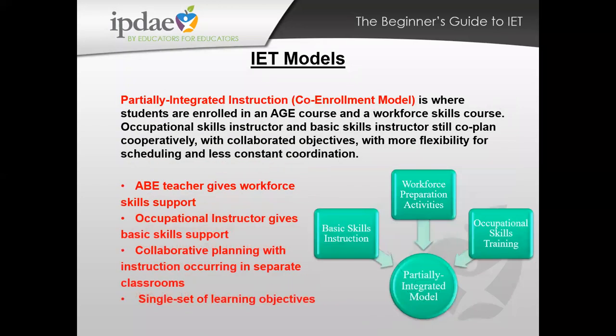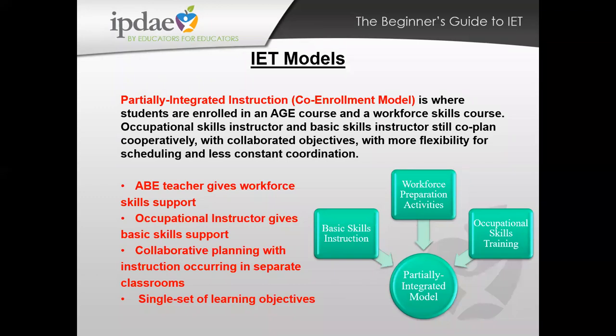So we'll go ahead and we'll look at the partially integrated model next. This one's a little bit easier to implement because there's less demands on the instructor's time, on the scheduling as a school, trying to figure out how we get all these sections squeezed in and scheduled simultaneously. So this one should be a little bit easier to implement, but still ideal because the general ed teacher and the CTE instructor will still be working collaboratively to design that single set of learning objectives.